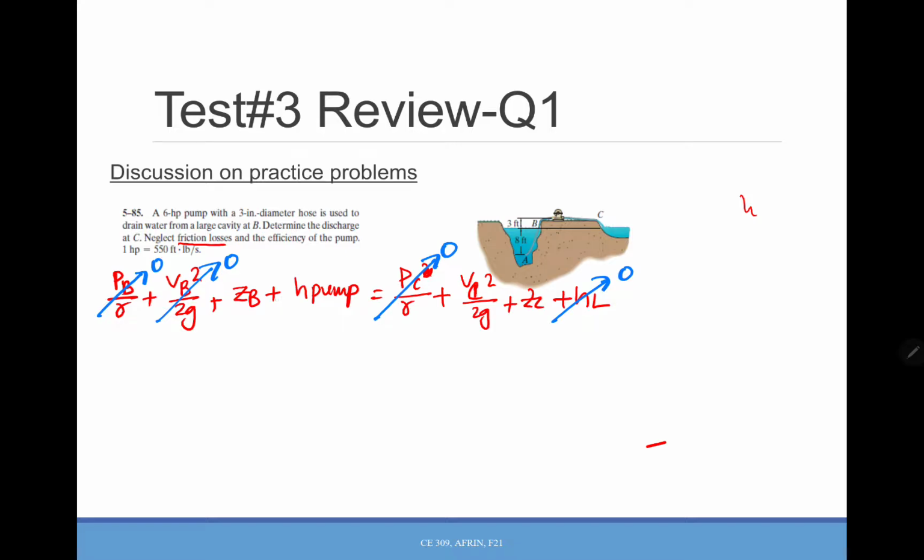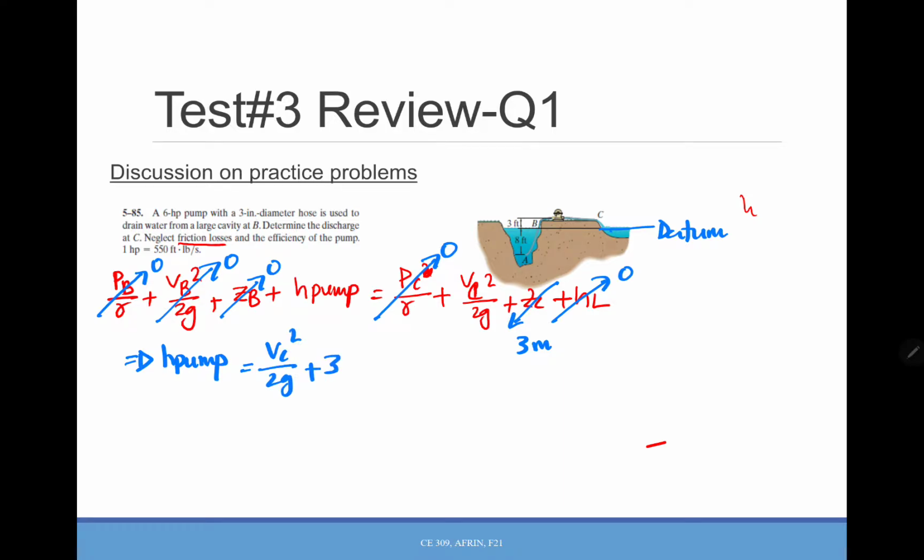We need to set a datum so that we can get ZB and ZC. You can set this one as the datum. So ZB will be 0 but ZC will be 3 meters. So basically you have H pump equals VC squared over 2g plus 3.